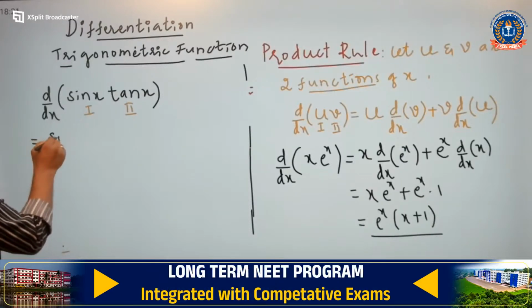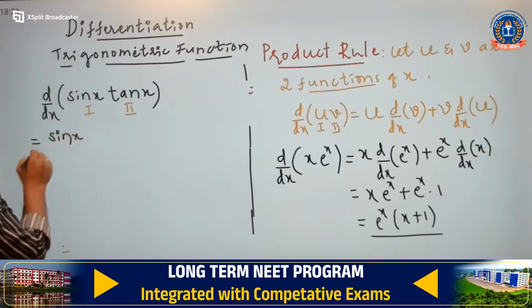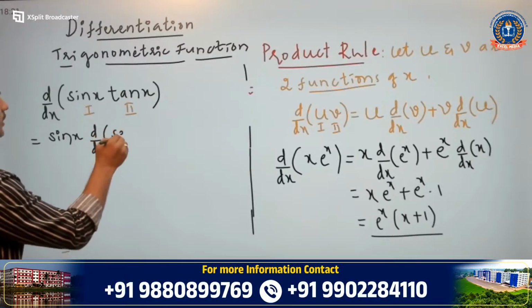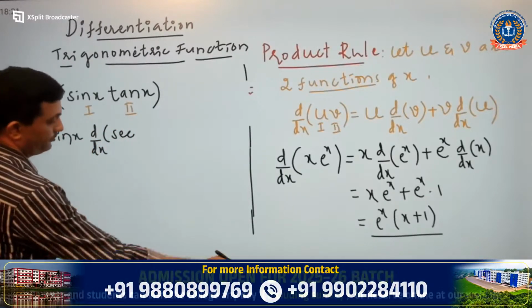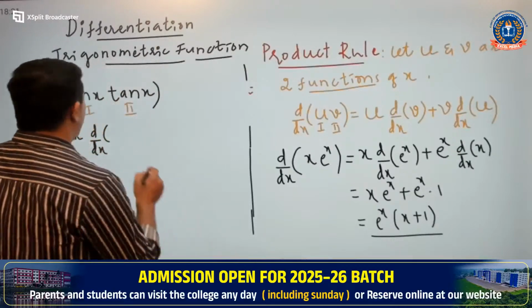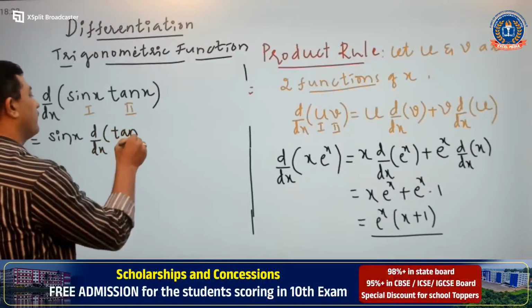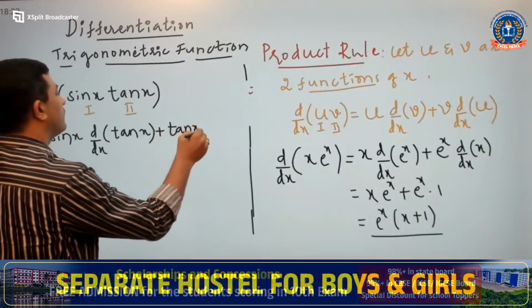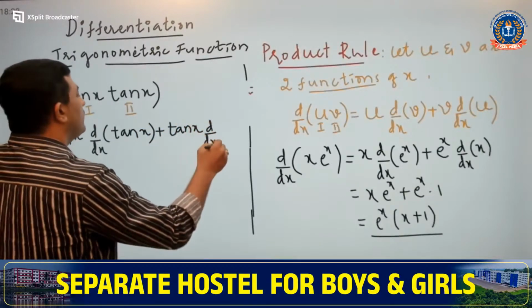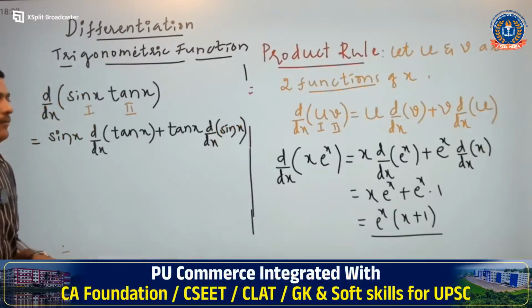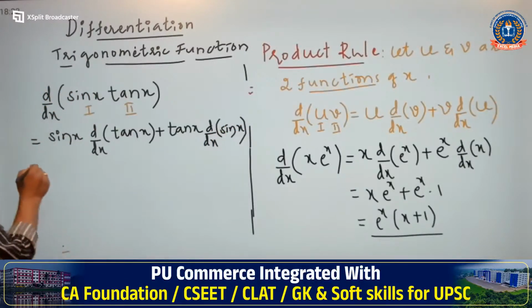Keep the first function as it is, then derivative of the second function, that is, derivative of tan x you need to write, plus tan x as it is and derivative of sin x. Right. Now simplify it.